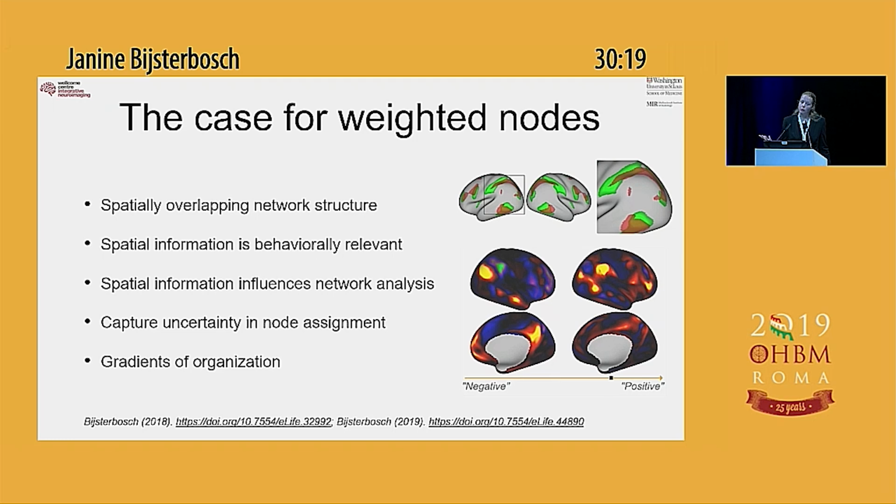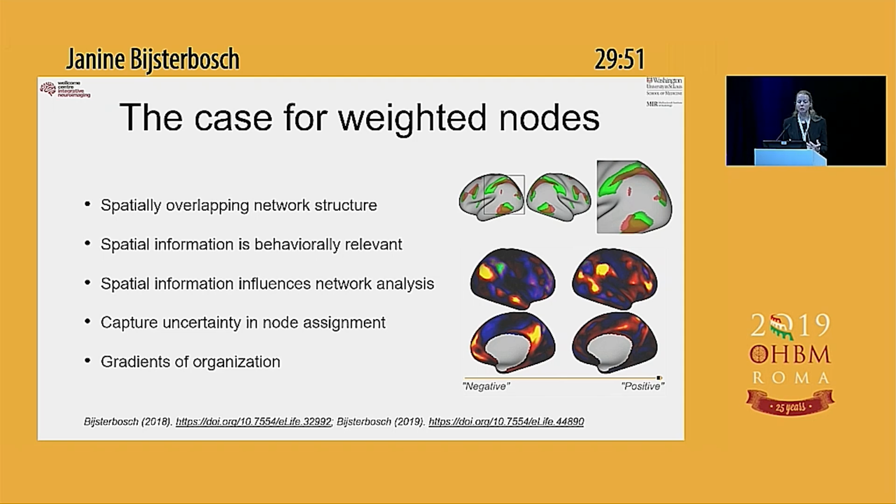So far, I've talked about nodes as being binary, so nodes having voxels only having zeros or ones, and a voxel would have a 1 for one of the nodes that it's part of and a 0 for all of the other nodes that it's not contributing to. And again, that's the most intuitive idea for us of thinking about nodes. However, there is a case to be made for weighted nodes, for allowing voxels to potentially contribute to multiple nodes.